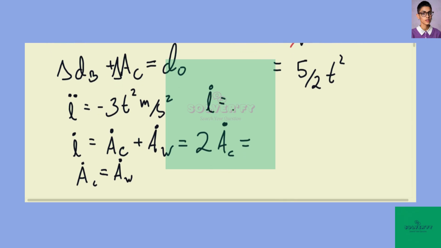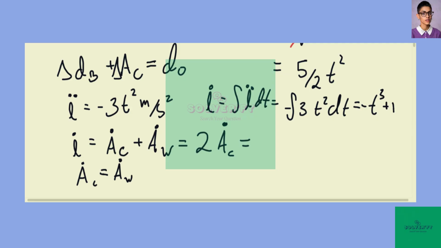L dot is just going to be the integral of L double dot with respect to time, which, if we take the integral of minus 3t squared with respect to time, is just going to be negative t cubed, plus some constant for the initial velocity.